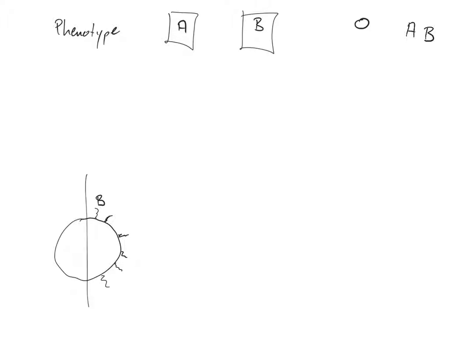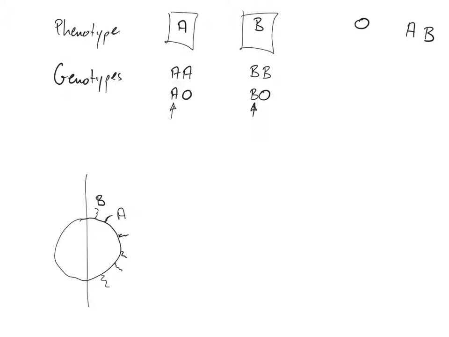And here we can have a situation where we have both protein A and protein B being expressed on the surface of that red blood cell. So in terms of the genotypes then, we can have homozygotes for A and also for blood group B. We can also have a situation where we have AO and BO. So here we have a single copy of the A allele, or a single copy of the B allele.